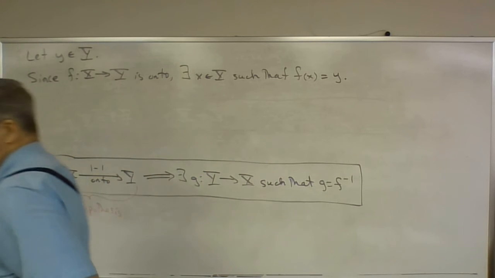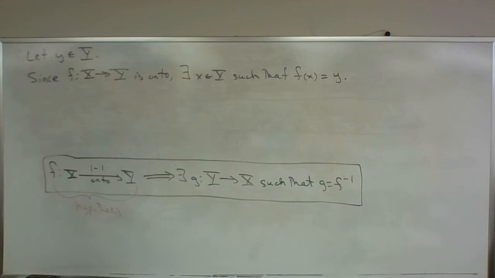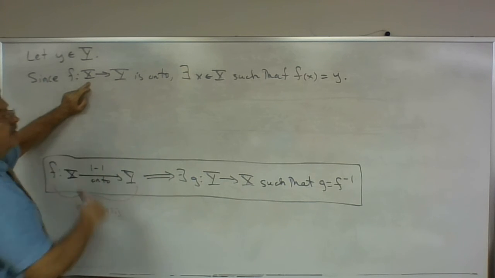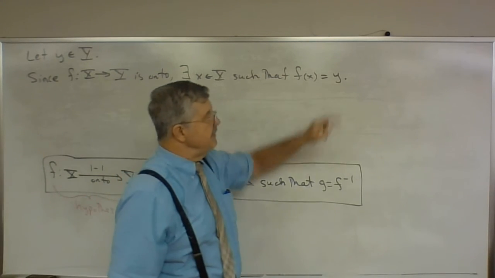Okay, let's try this. Pick an element y in set y. Since the function f is onto, there has to be an element x in set x such that f of x equals y.